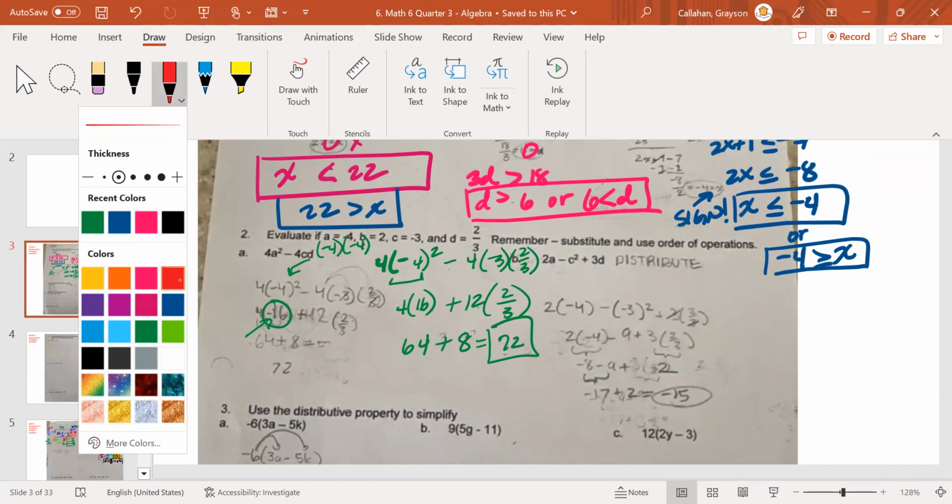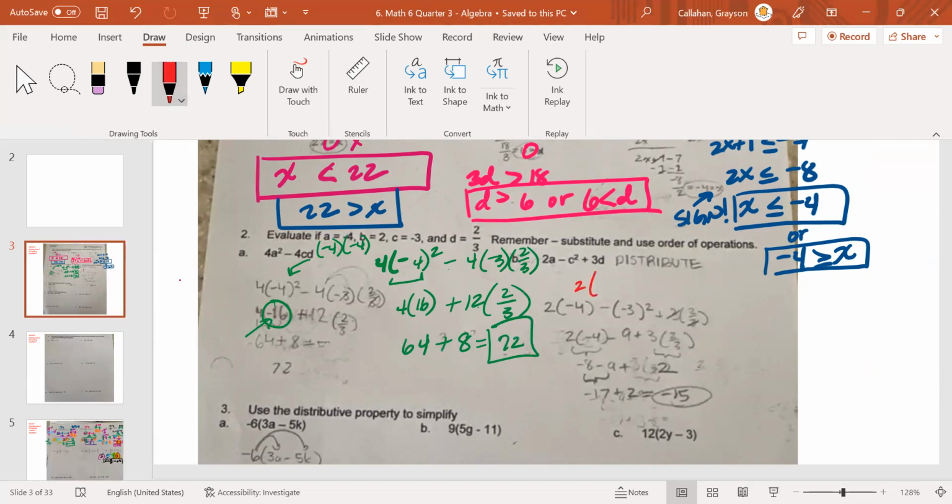For B, 2 times -4 minus. Do you see how this one, there's a minus in front of it right there? C squared. C squared is going to be, C is -3 squared plus 3 times 2/3. You need to be very careful with this. So this negative is going to mess you up, okay?